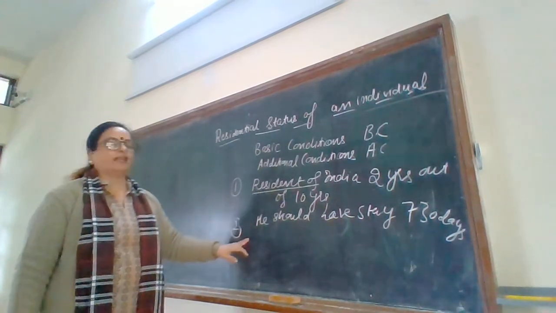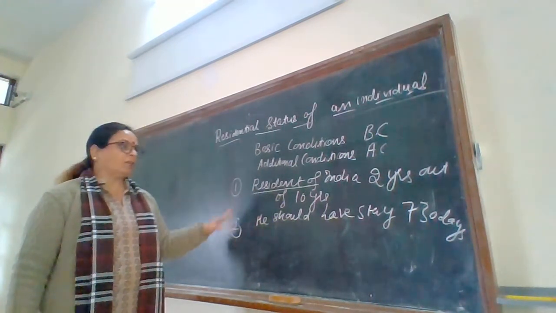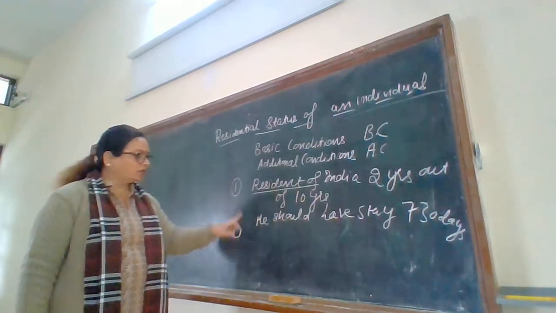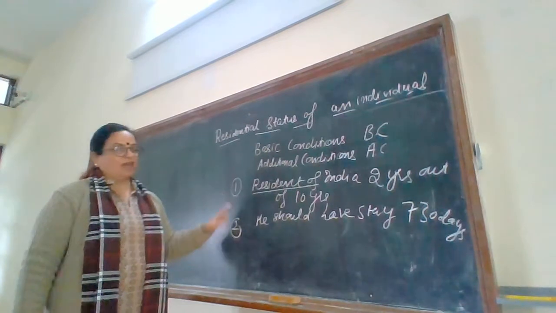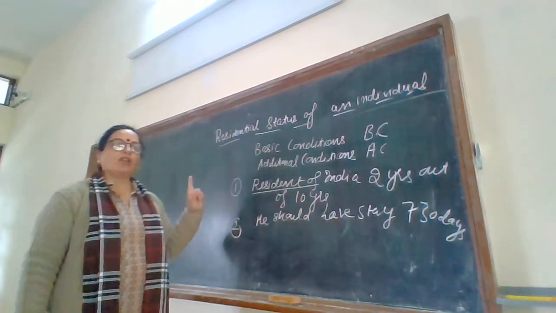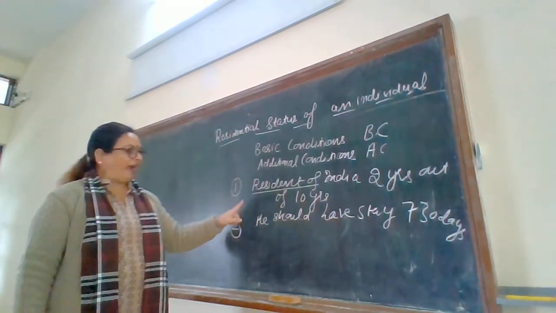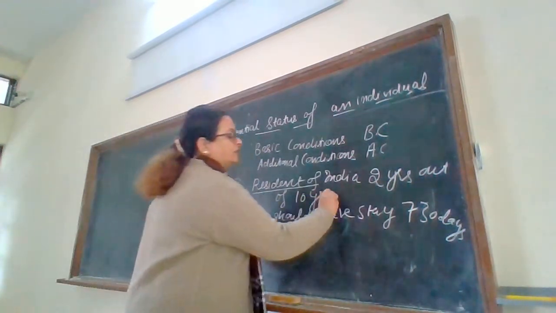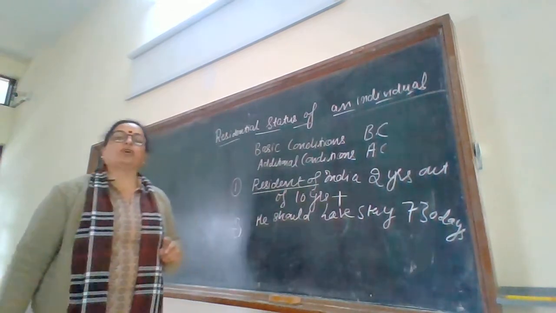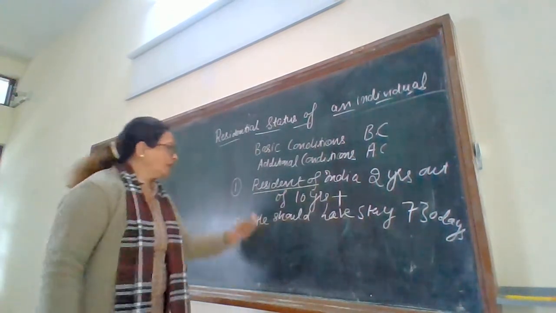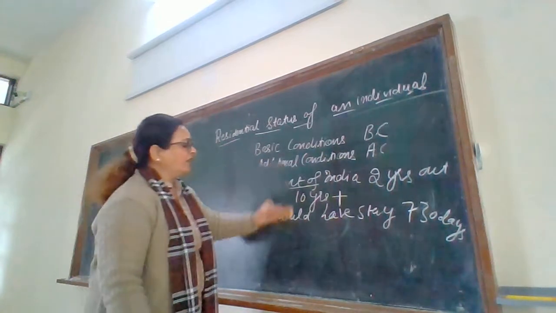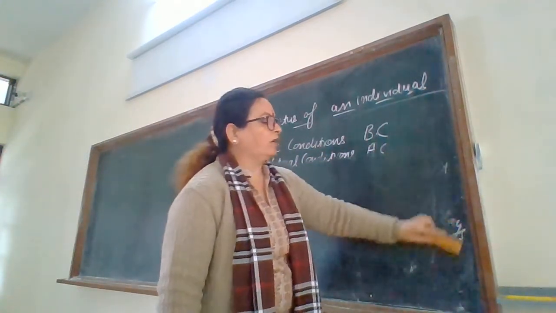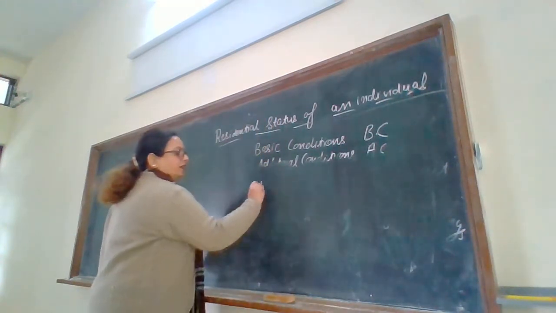So this is the second additional condition. For becoming an ordinary resident, an individual should fulfill both the additional conditions. If he is fulfilling one of the basic conditions and both of the additional conditions, he will be said to be an ordinary resident of India.